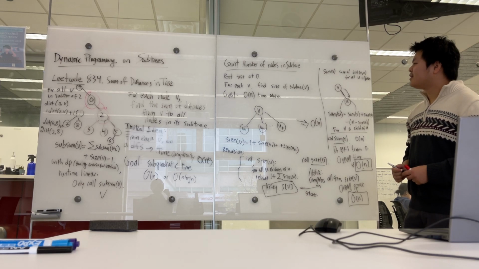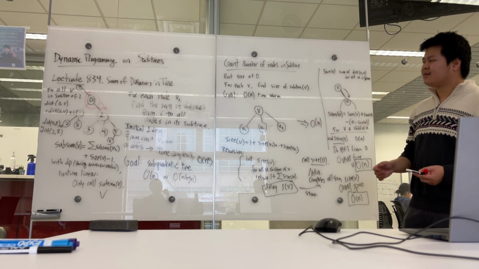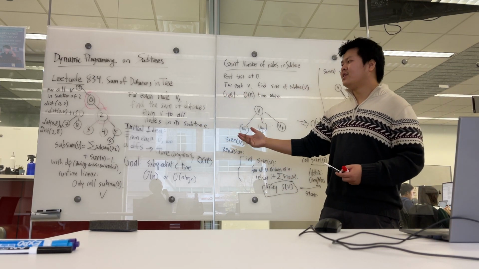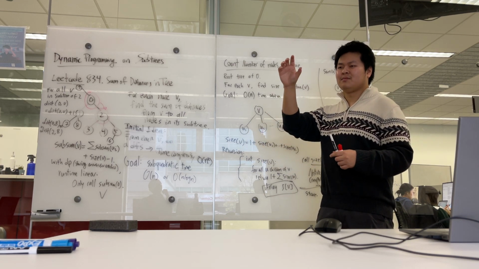And the second idea is a little bit trickier. In this problem, it was looking at how the answer changes when you look locally at some vertex and you move to a neighbor.